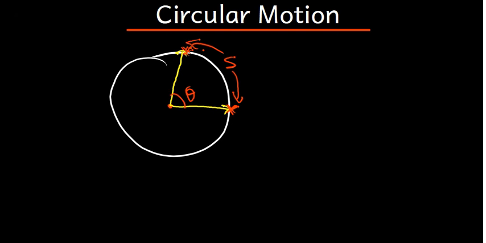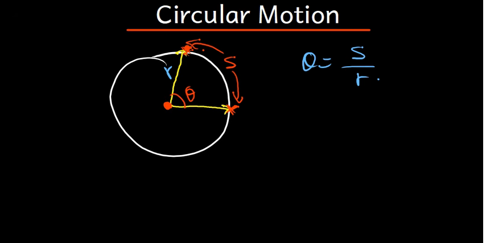Now the distance from the center of the circle all the way to where the circle is, that is what we call the radius. So here is my radius. Now there we go. Theta is given by the arc length divided by the radius.